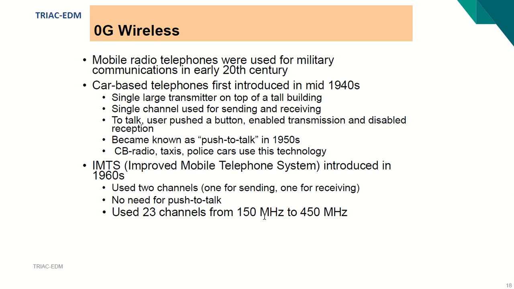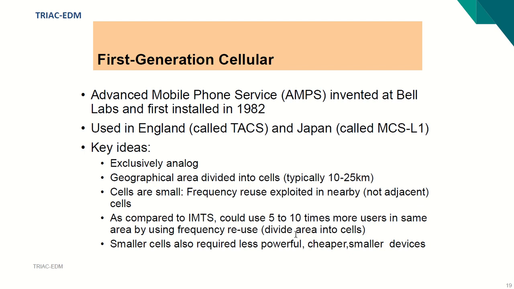It was not that efficient at that time because this is a large band and it accommodates only 23 channels, because the filter and IC technology was not that advanced at that time. So from the perspective of nowadays, it's actually a waste of resource. In other words, we want to accommodate a lot of channels within this small band of frequencies.